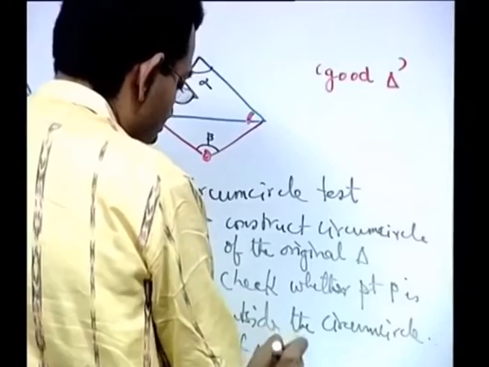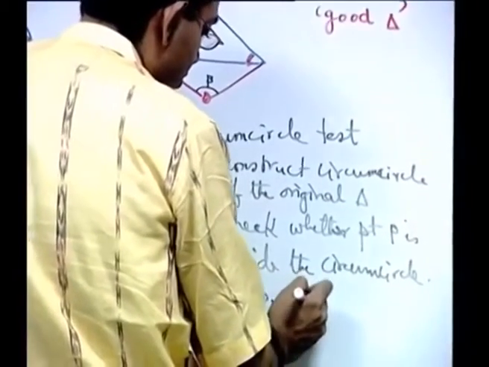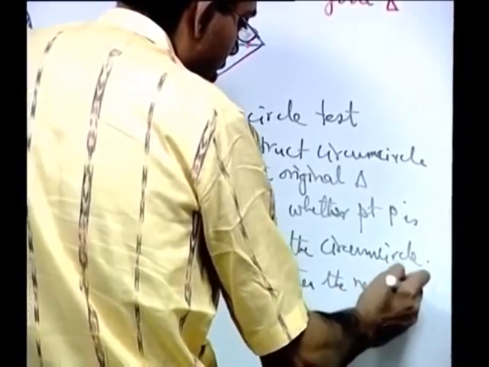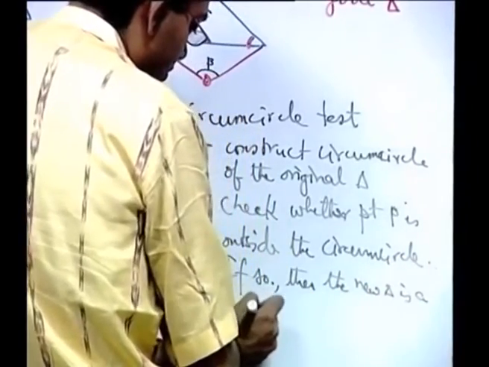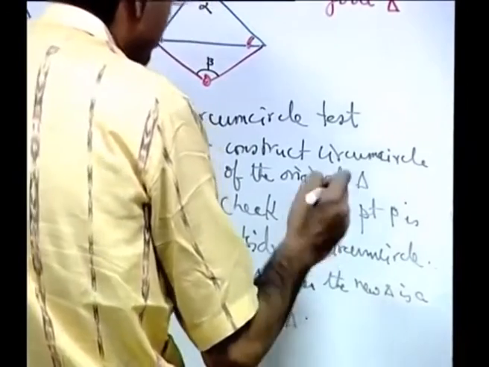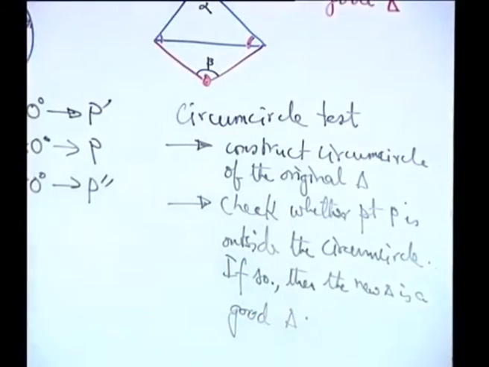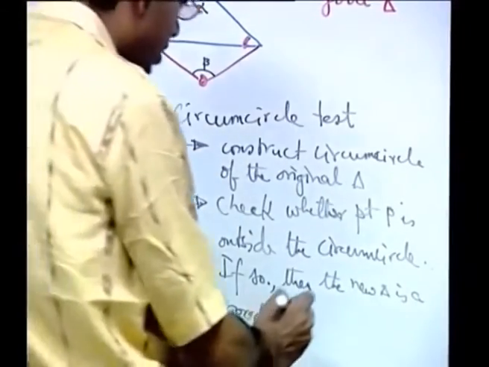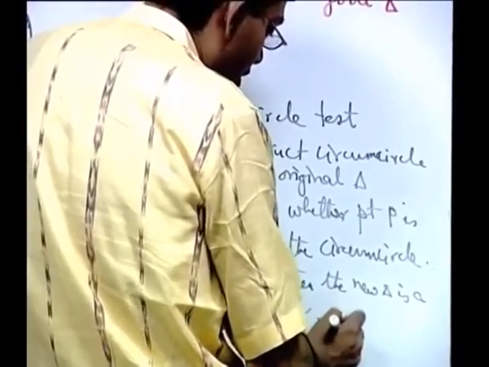If so, then the new triangle is a good triangle. So, a good triangle will imply no small interior angles.